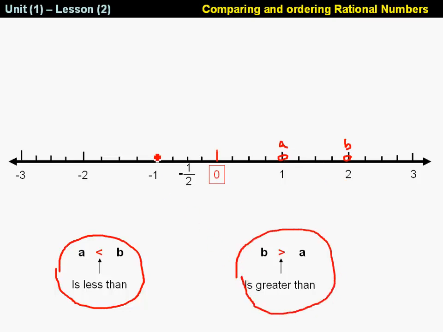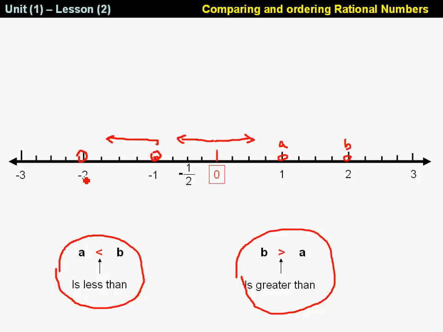For this point and that one, which one is larger than the other? To answer this question, keep in mind that when we move from 0 to the right, the numbers become bigger, and when we move from 0 to the left side, the numbers become smaller. If I stand at -1 and walk to the left, the coming numbers will be less than -1.